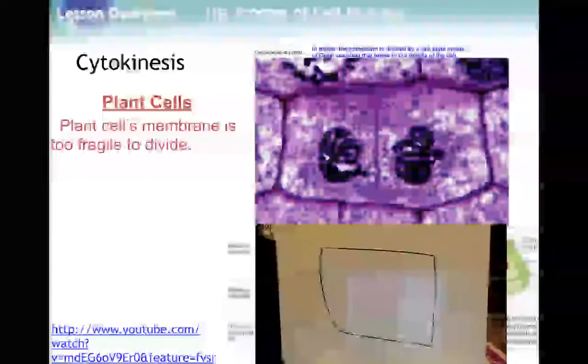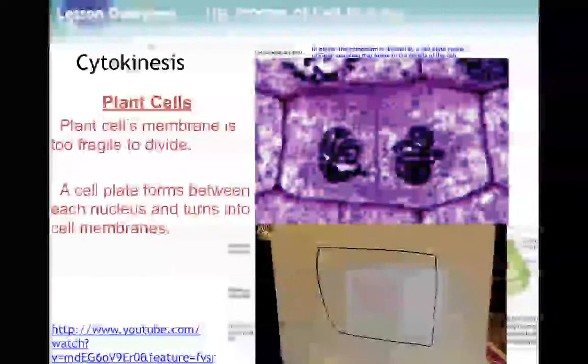Now you've been drawing the animal cell throughout this whole entire time. You could tell that it's the animal cell because it's circular. The 2 cells that are shown are plant cells. You can tell that they are plant cells because they're more boxy. For the most part, mitosis in plant cells and animal cells are pretty much the same, except for when it comes to cytokinesis. During cytokinesis, the plant cell membrane is too fragile to divide, so a cell plate has to form between the 2 nuclei.